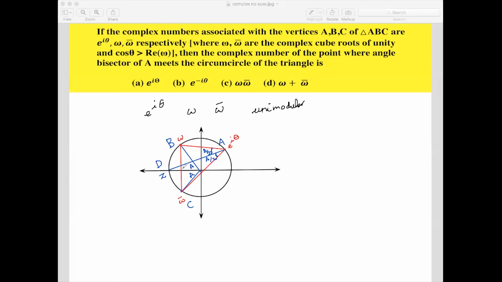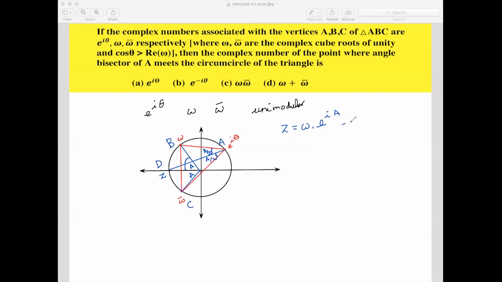So we notice that this angle is A, so the relation of omega and Z should clearly be Z equal to omega into e to the power iA using Coni's theorem.